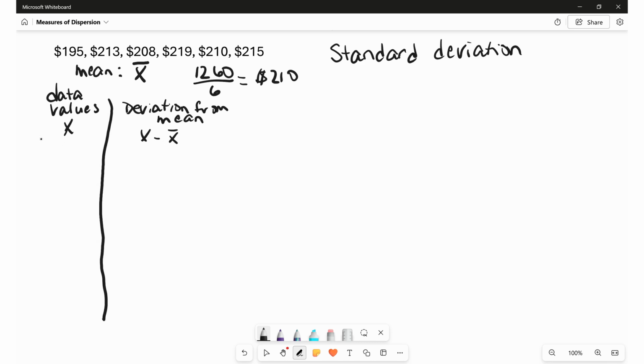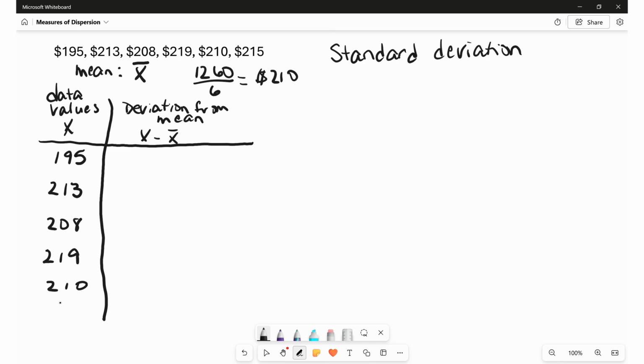So we have our data values 195, 213, 208, 219, 210, and 215.